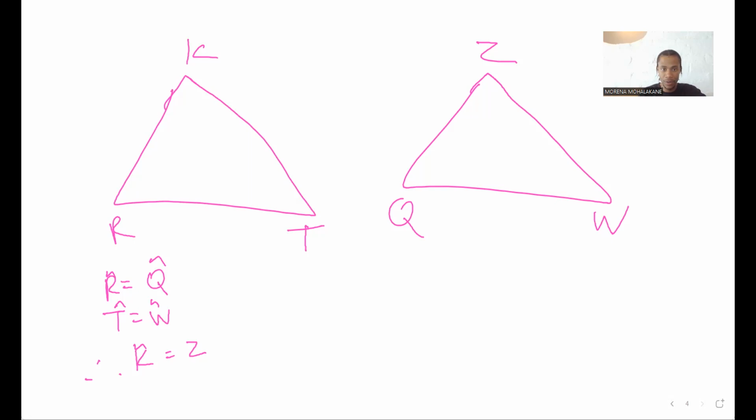When I start, I need to know the side. If I get the side, I'll be able to use Pythagoras theorem because there's a right angle triangle there. This side is also 8. These two lines, here it's going to be 13.